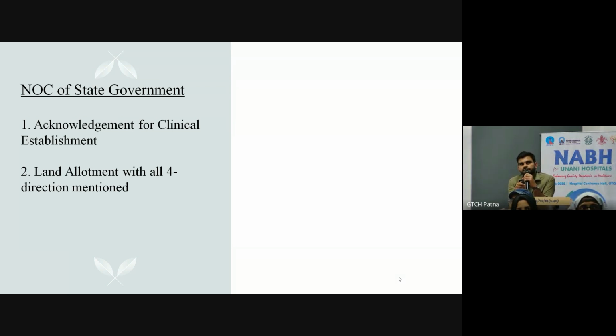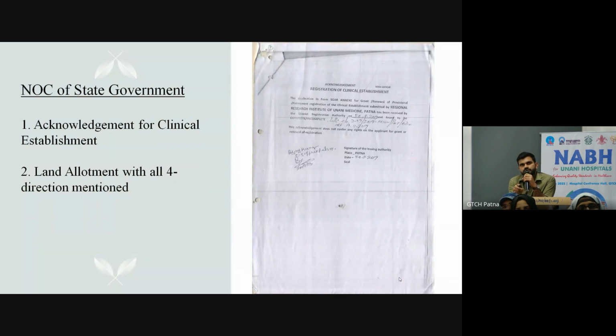The first one is acknowledgement from the clinical establishment. As the Bihar state government cleared the law regarding clinical establishments in 2016, this is the document, and it is issued by the health secretary.